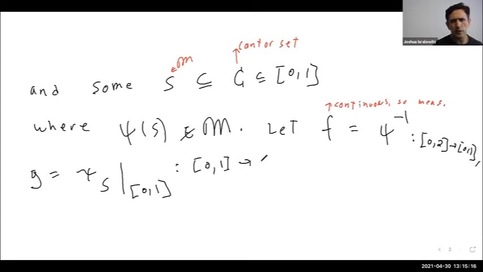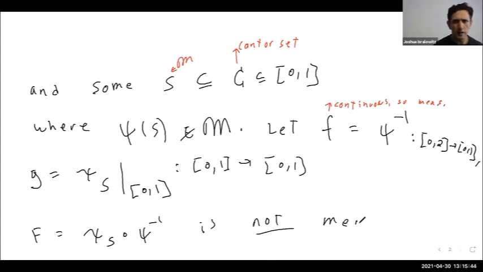Well, it spits out either 0 or 1, so certainly it takes 0 to 1 to 0 to 1. Okay, so I claim that big F is G composed with F. So this is not measurable.